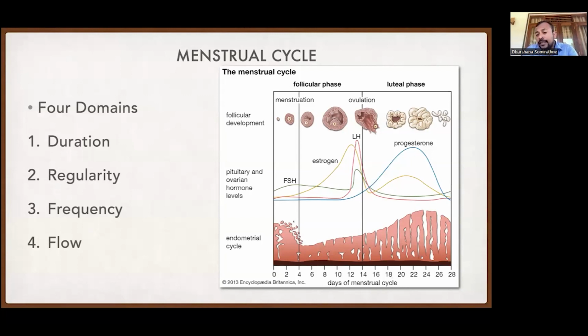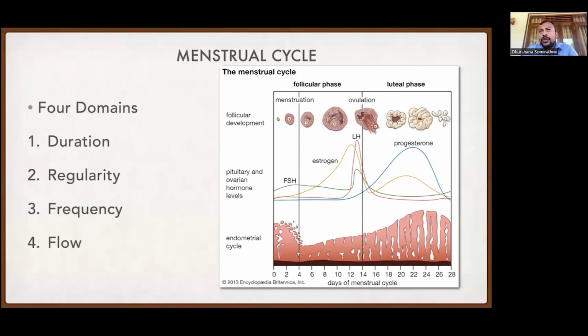Now the secretory phase of the endometrium starts, with an increased number of glands and mucus changes, and ultimately the menstruation process starts. That's basically the physiology behind the menstrual cycle.